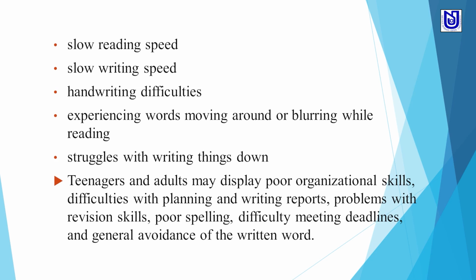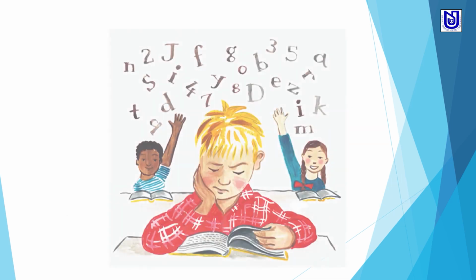Teenagers and adults may display poor organizational skills, difficulties with planning and writing reports, problems with revision skills, poor spelling, difficulty meeting deadlines, and general avoidance of the written word. A student with adequate language comprehension but inadequate decoding may be diagnosed with dyslexia.